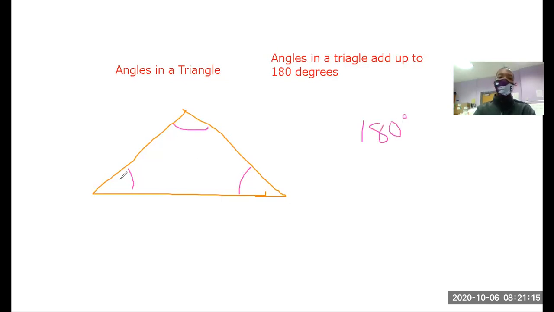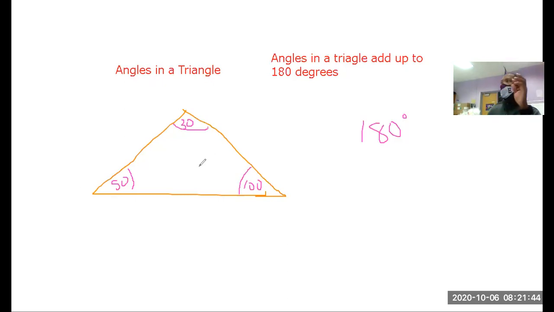Okay, so say this is 50 and this is 30. What would this one be? The whole thing is 180. Let me see. Someone on Zoom said 100. This is 100. Does that make sense, y'all? Because then it's 50 plus 30 plus 100.